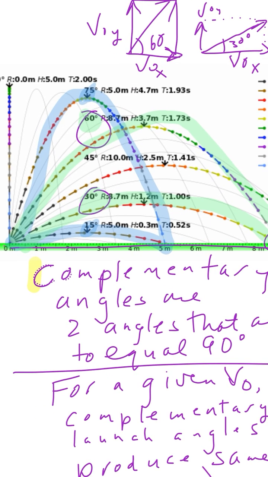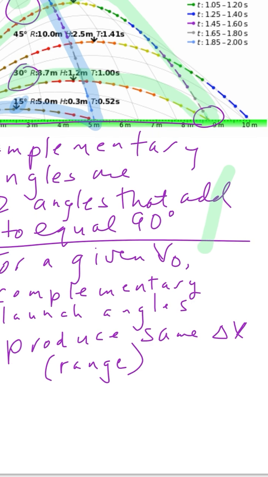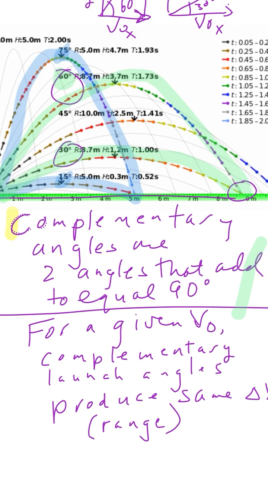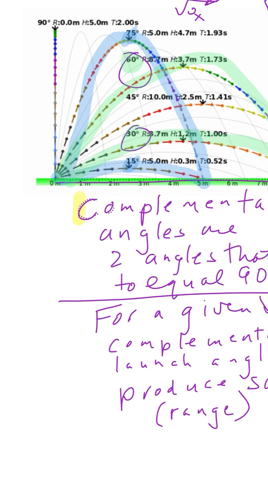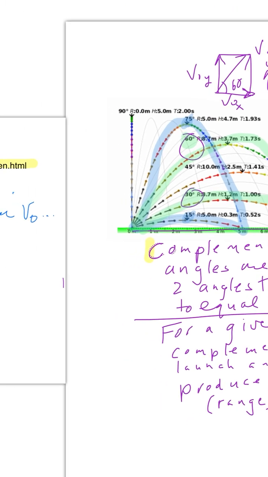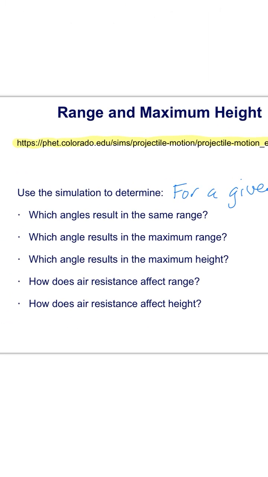Complementary angles that add up to 90 degrees will give you the same delta X range for a given VO. Okay? So that's an important point. You need to know that.